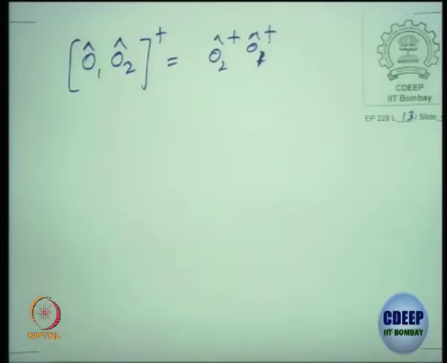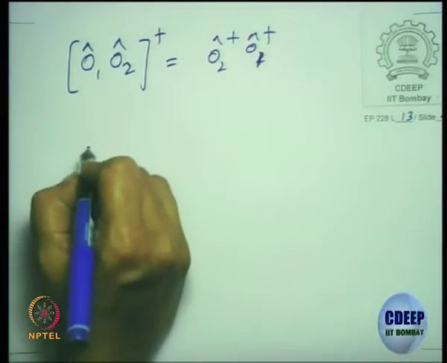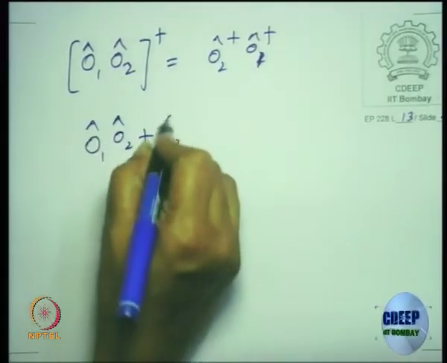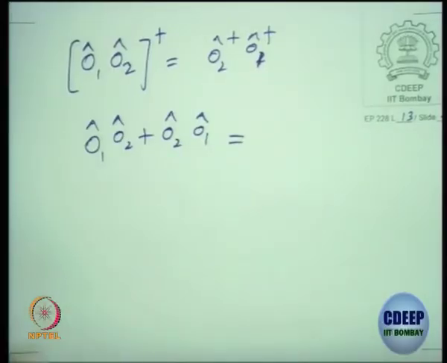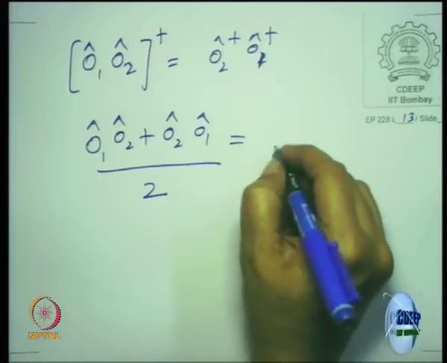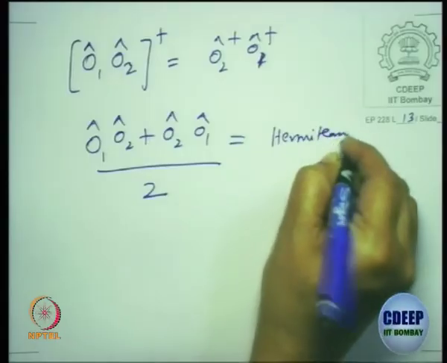So we need to write a Hermitian operator, which means we will redefine it as O1 O2 plus O2 O1, normalized by 2 because we are repeating it twice in comparison to classical mechanics. This is what we call the Hermitian operator.